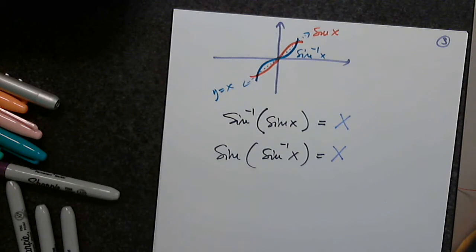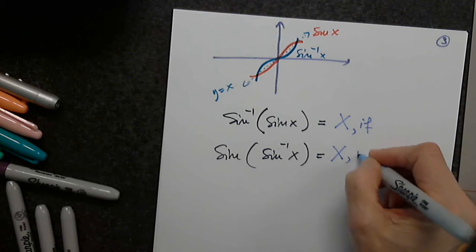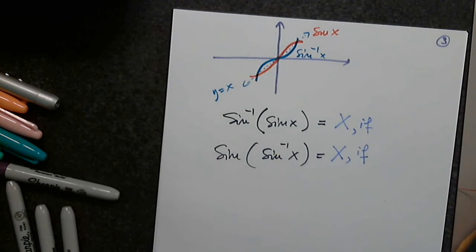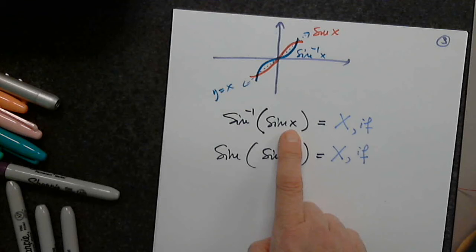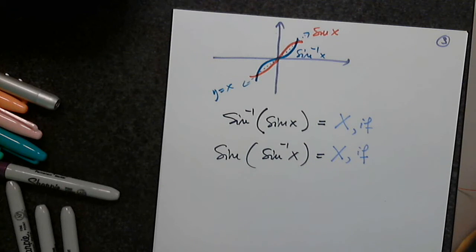But there is a problem here. I have to put a comma, and I have to write if. Sine is applied to a number, an angle. Always remember that. Sine is applied to an angle, and the outcome will be a number.